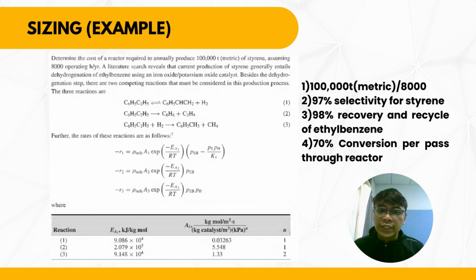From the question given, we need to extract data first, and we see that 100,000 metric tons of styrene, and we assume 8,000 operating hours, and we must know that 97% selectivity for styrene, 88% recovery and recycle of ethyl benzene, and 70% conversion per pass through the reactor.